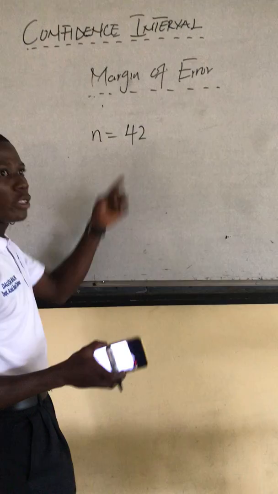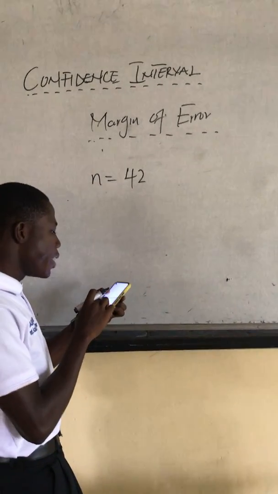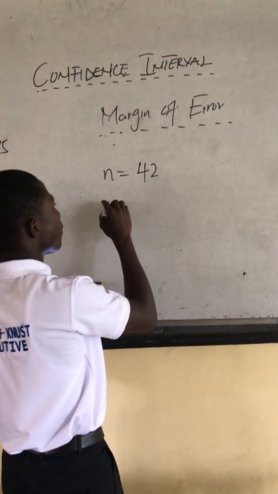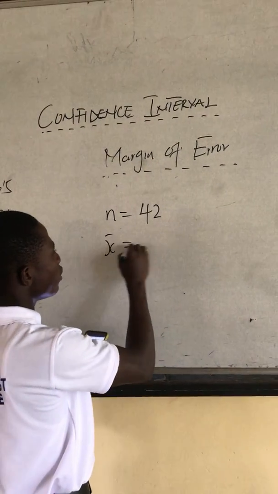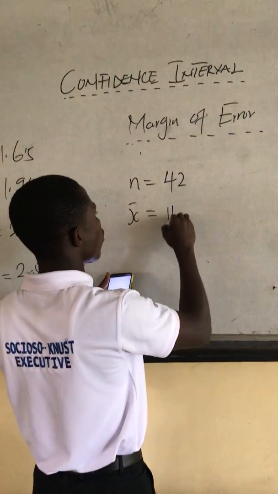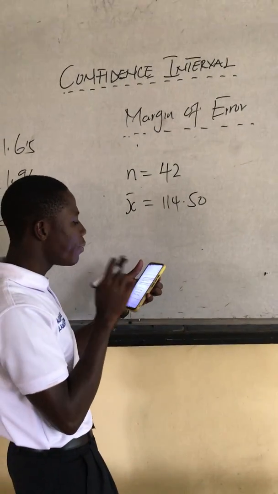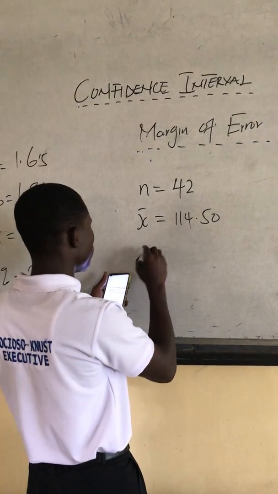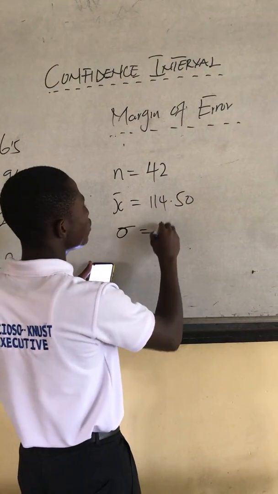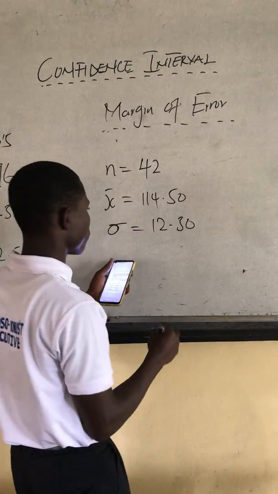The mean, that's x bar, is equal to 114.50, and a standard deviation of 12.30. So the standard deviation is 12.30.